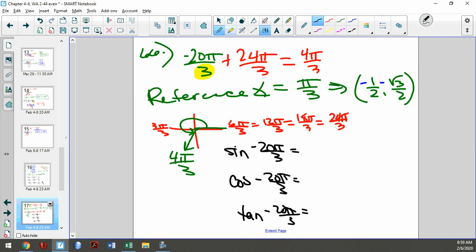So what is the sine? Yep, negative square root of 3 over 2. What is the cosine? Negative 1/2. And what is the tangent? Positive square root of 3. Do we understand how to do problems 53 through 66? Does that make sense? You good?